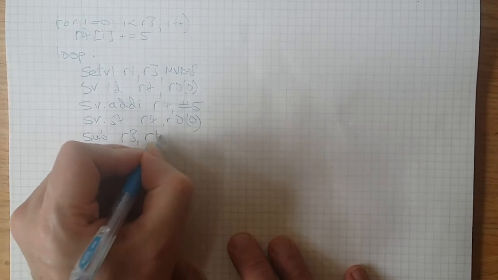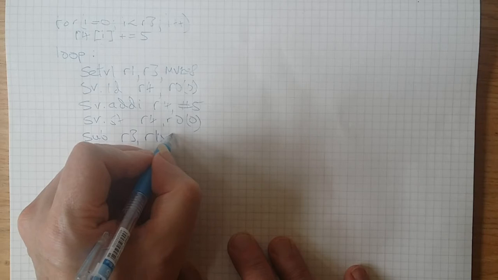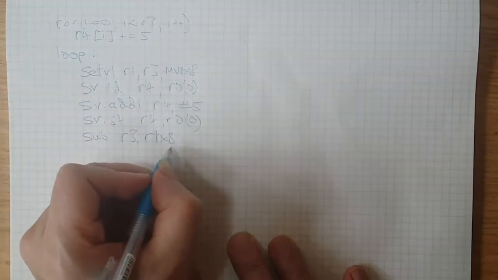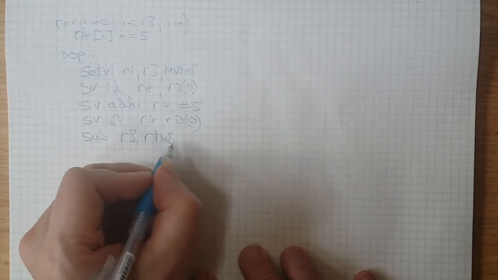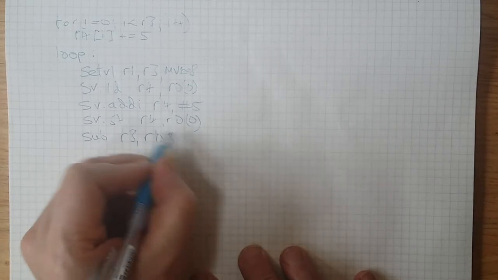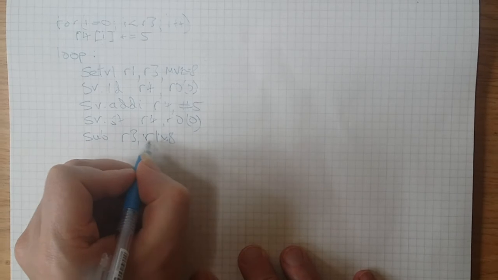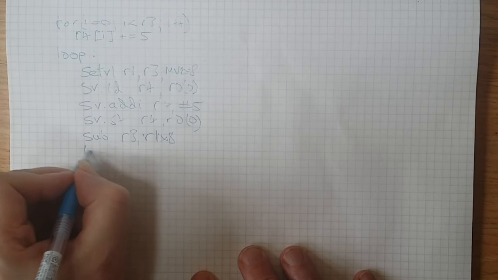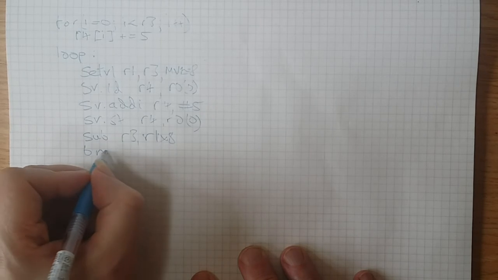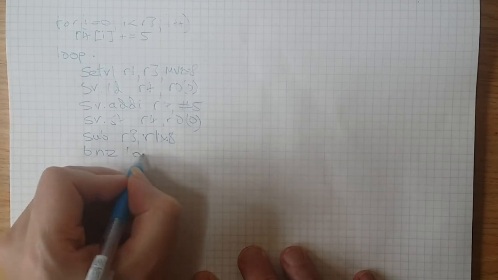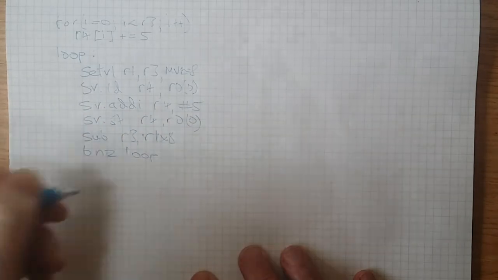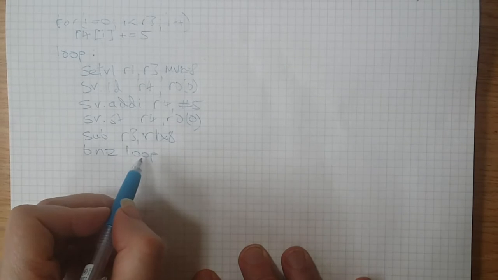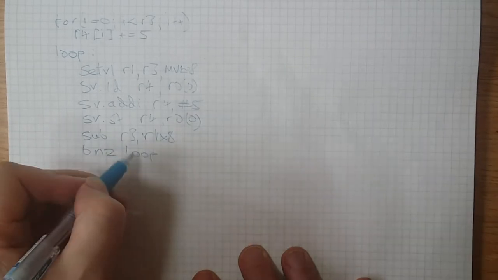I'm going to assume there is a times 8, since this is a load of a double word, a long. That doesn't exist in Power, but let's assume that it does. So R1 times 8, subtract that, and branch if not equal to 0, back to the loop. When R3 hits 0, you can end the program, but otherwise you loop back.